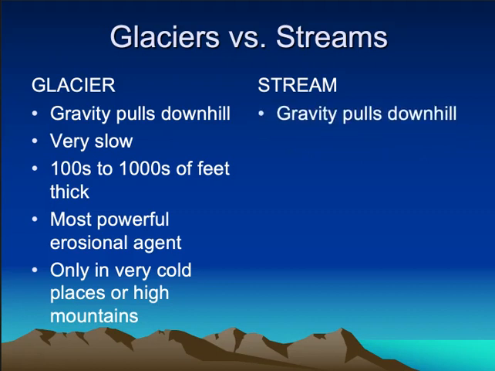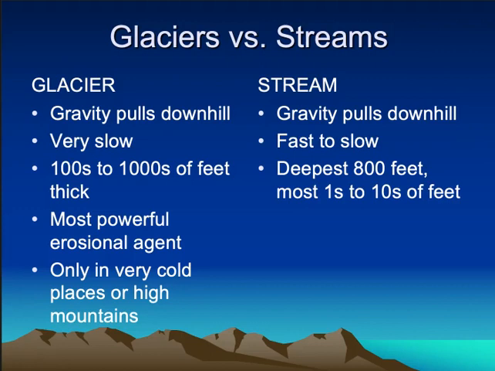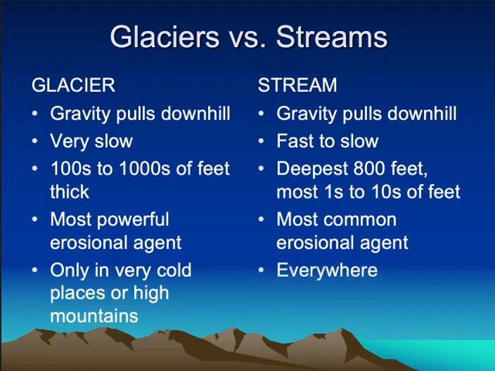Streams also move downhill under the influence of gravity, but they move significantly faster than glaciers do, and they're not as thick. The very thickest river is about 800 feet deep, but most are just a few feet to tens of feet deep. They're the most common erosional agent, and we can find streams everywhere on Earth.